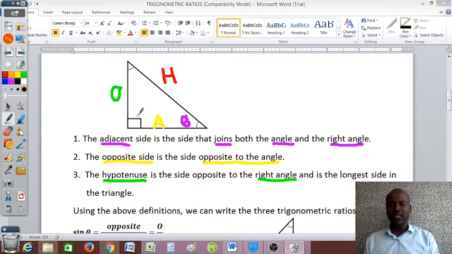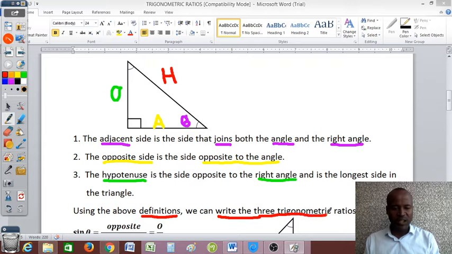Now we have given three special names for the three sides of this right angled triangle. Using these definitions, opposite, adjacent, hypotenuse, we can write the three trigonometric ratios.